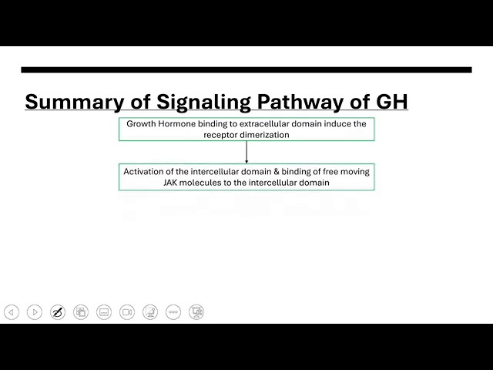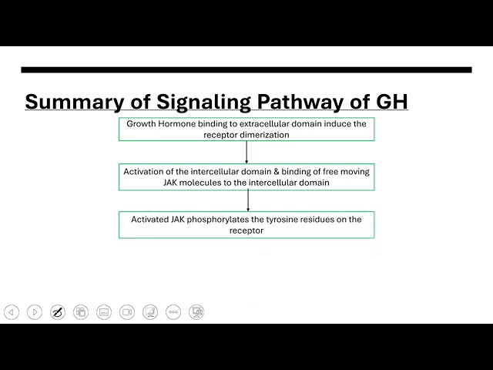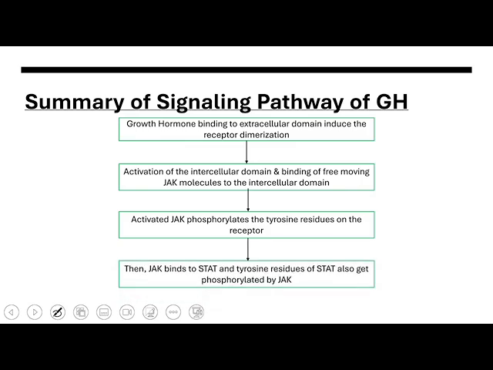And after the dimerization, there will be activation of the intracellular domain and binding of the free-moving JAK molecules to the intracellular domain, and then the activated JAK phosphorylates the tyrosine residues on the receptors, and then JAK binds to the STAT, and the tyrosine residues of the STAT also get phosphorylated by the JAK.